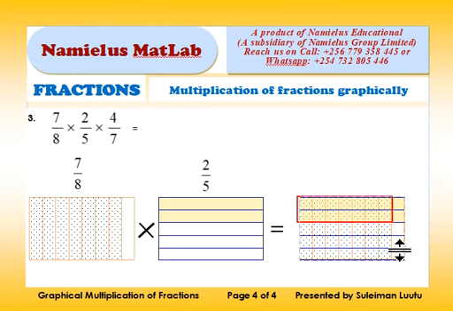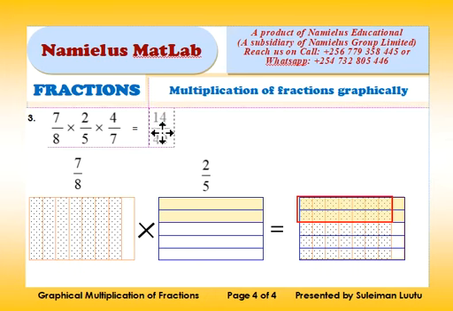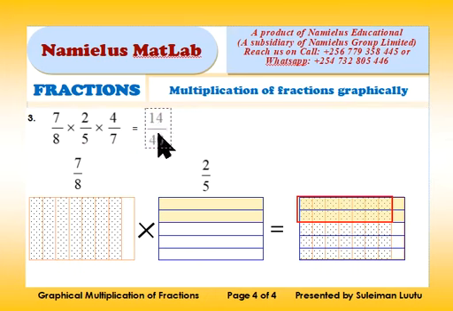And when we count all these, we get 40. So we shall be having 14 out of 40, which we can reduce to 7 out of 20.